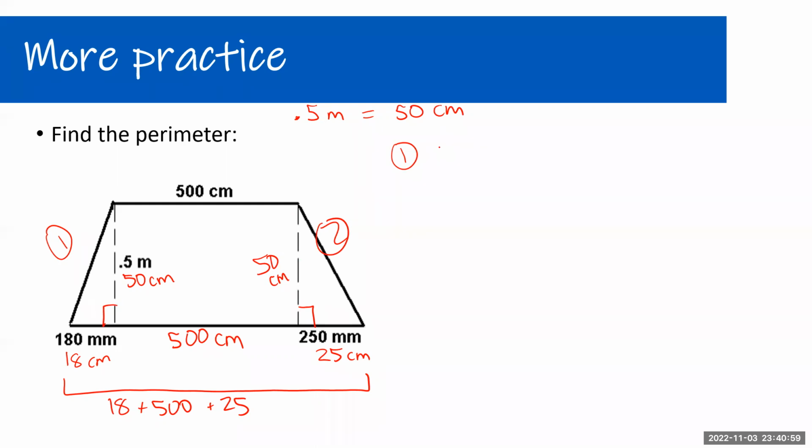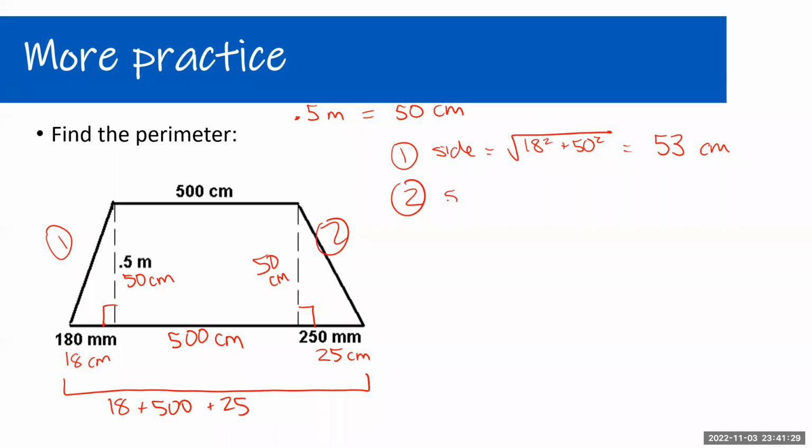So we know that the side is going to be equal to the square root of 18 squared plus 50 squared, which is going to give us somewhere around 53. I'm just going to leave it as 53 since everything else is in whole number.